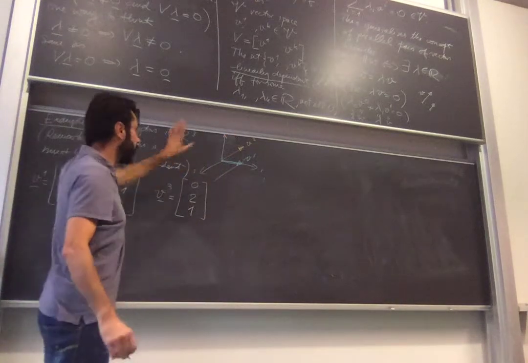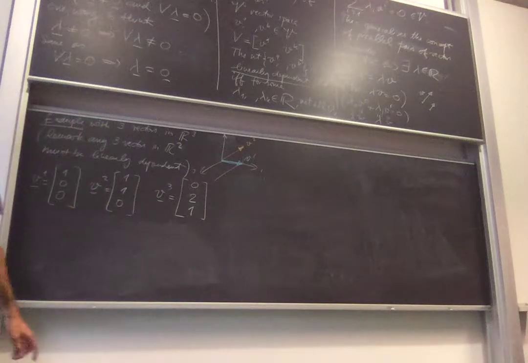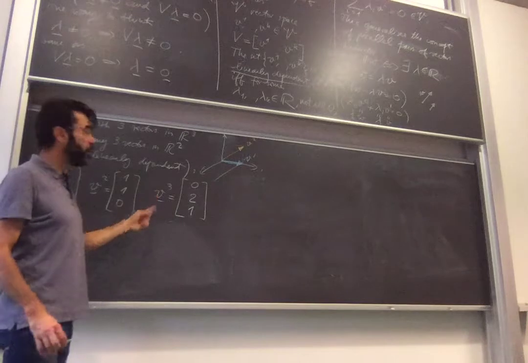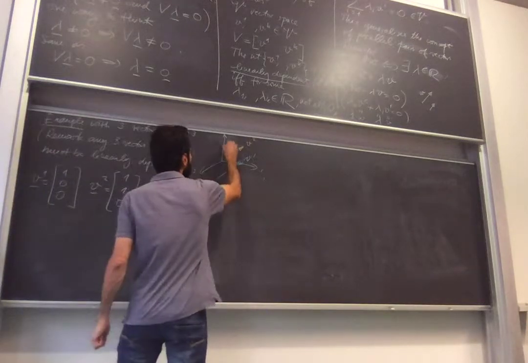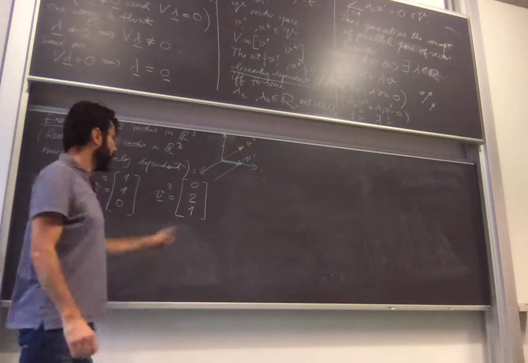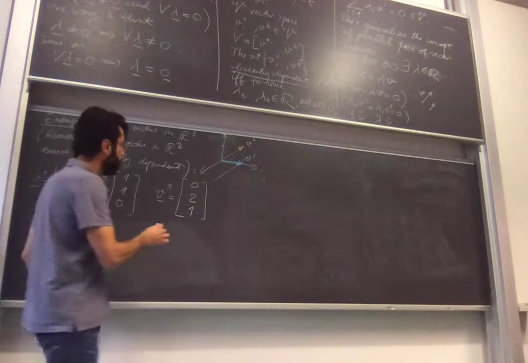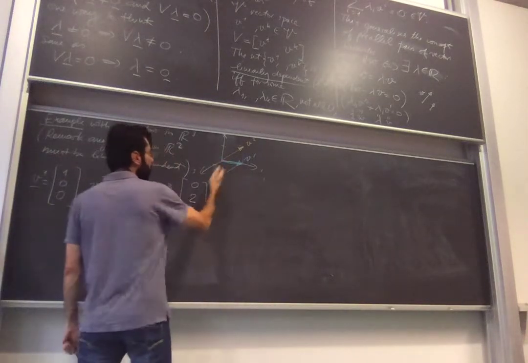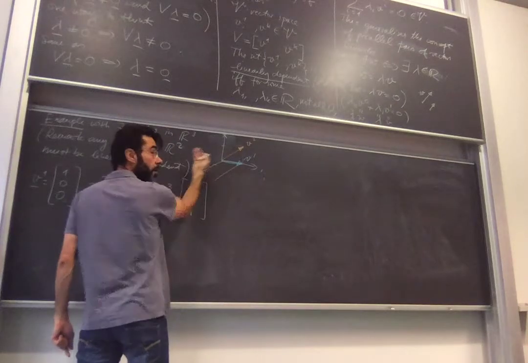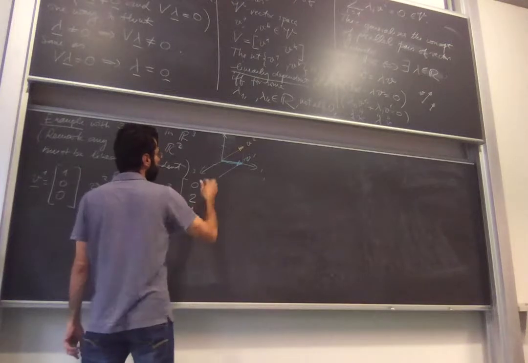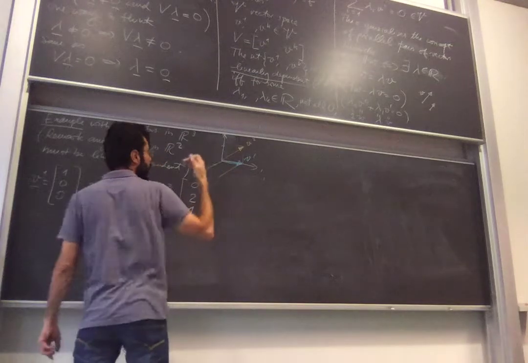So V1, V2 haven't changed. The one that has changed with respect to the previous example is V3. V3 now is 1, 2 in the second axis, and 1 in the third axis. So it's here, out of the plane, meaning it's going towards you.